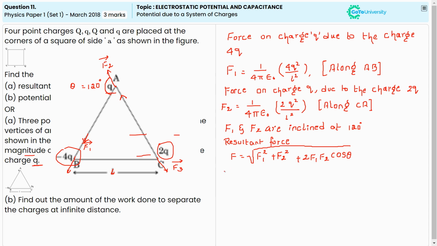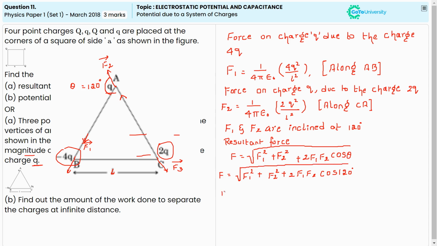Then if we substitute the value, F is equal to under root of F1 square plus F2 square plus 2 F1 F2 cos of 120 degrees.